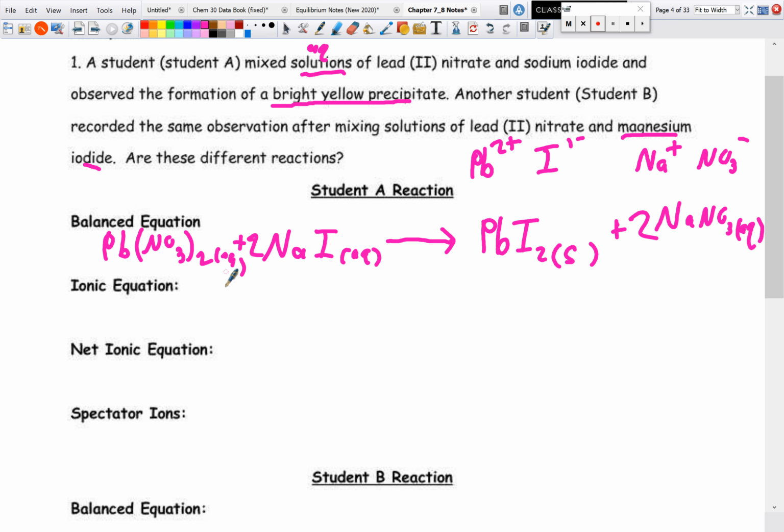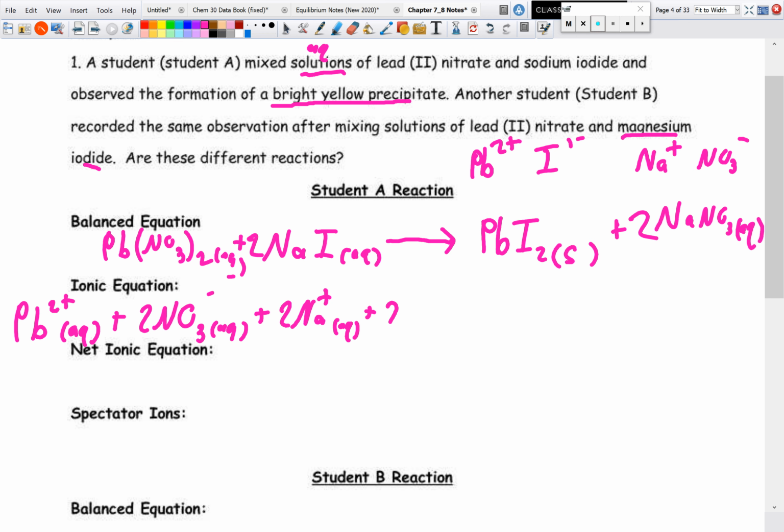So that means anything that has aq, we ionize. Our lead 2 nitrate, we ionize into the lead 2 plus, so we basically just apply an ionization equation, plus we get 2 nitrates. Our sodium iodide, we also dissociate, keeping the coefficients as well, right?